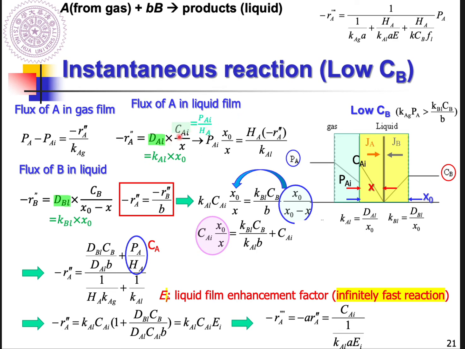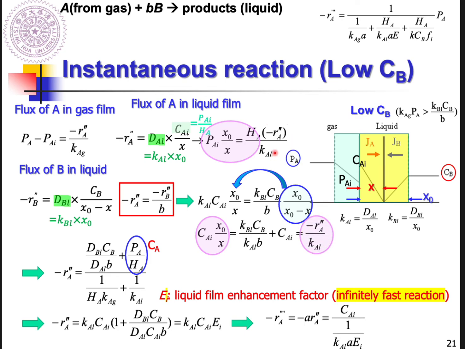After arrangement, you can get PAI over H times x0 over x, and you also have Henry's constant here and the consumption rate over KAL. Here is very important because if you divide this term by HA, you get identical results here. So these results can be expressed like this, equals this, right?